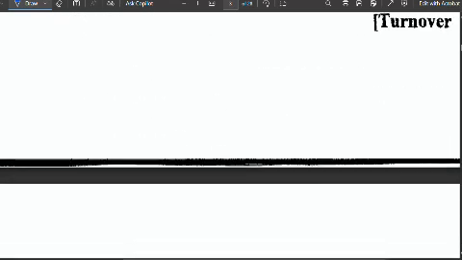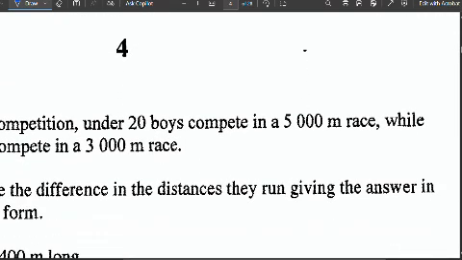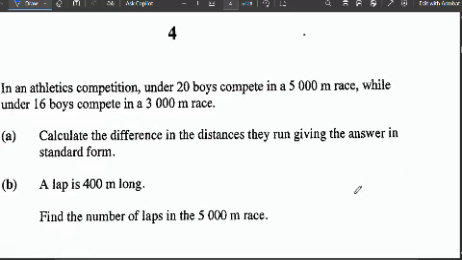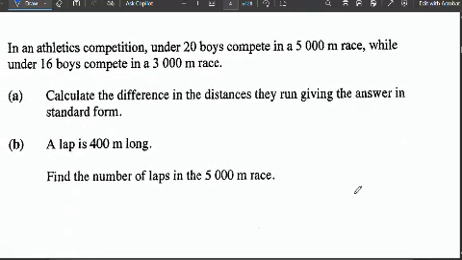The next question. In an athletics competition, under 20 boys compete in a 5,000 meter race, while under 16 they compete in a 3,000 meter race.